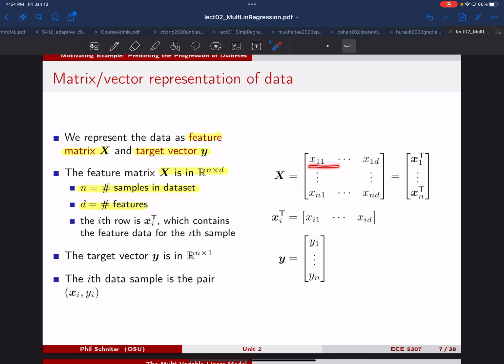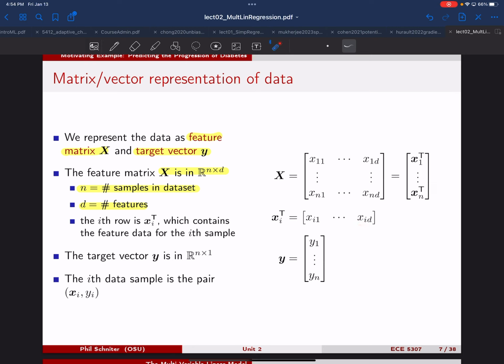If we want to think about each row at a time, we can call the first row x1 transpose, the nth row xn transpose. If we look inside the ith row, we have xi1, which is the first predictor for the ith data sample, through xid, the dth predictor.